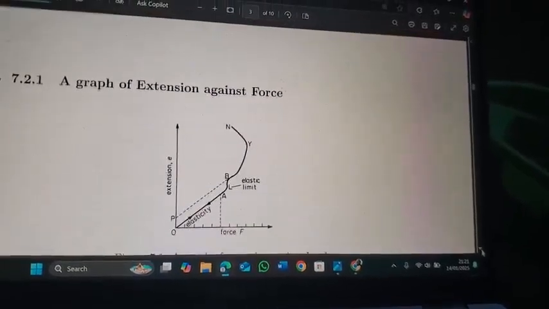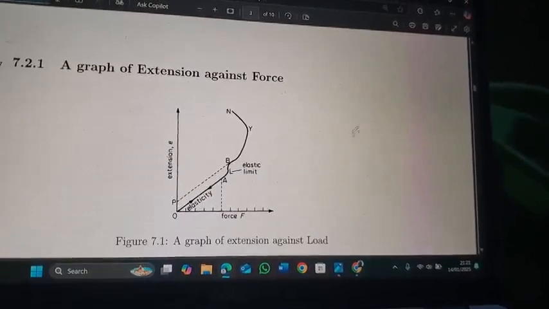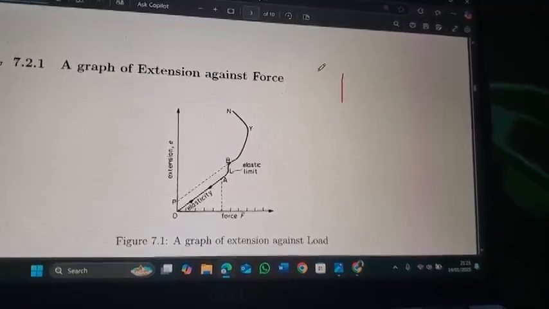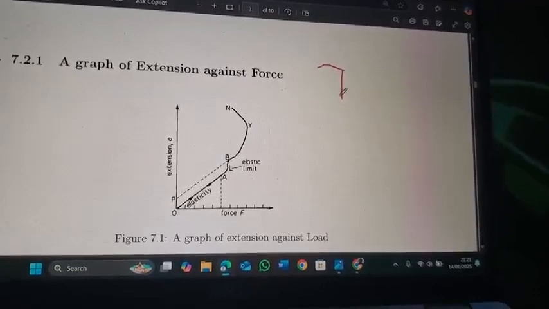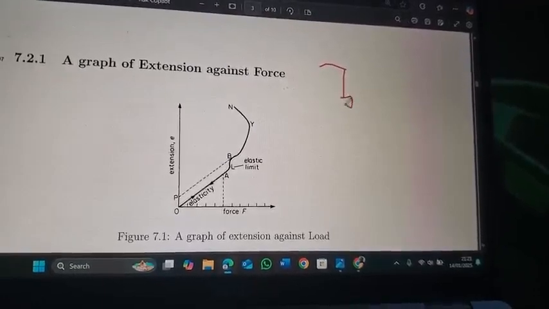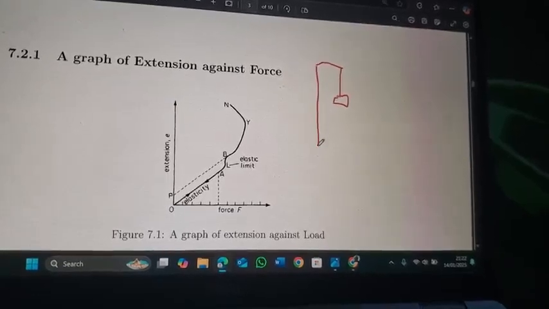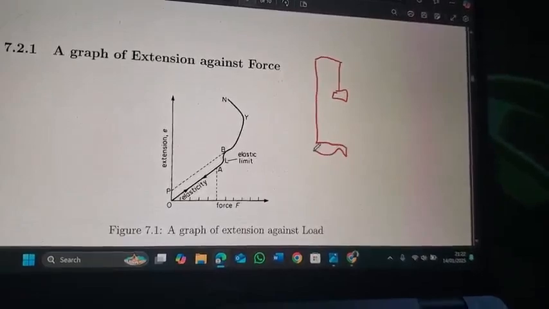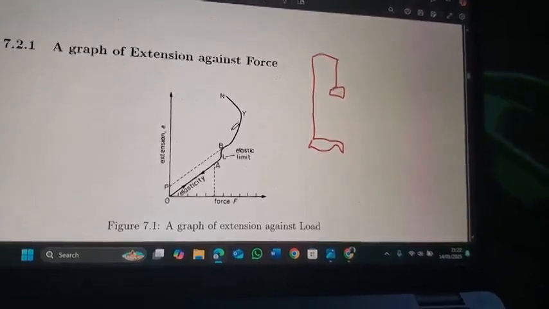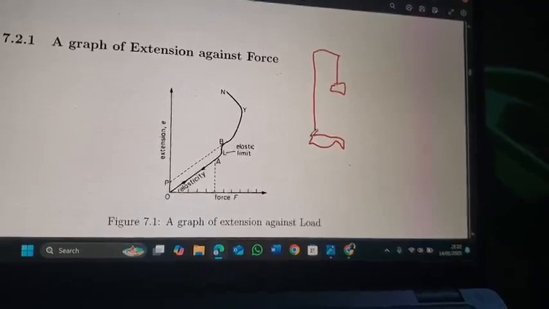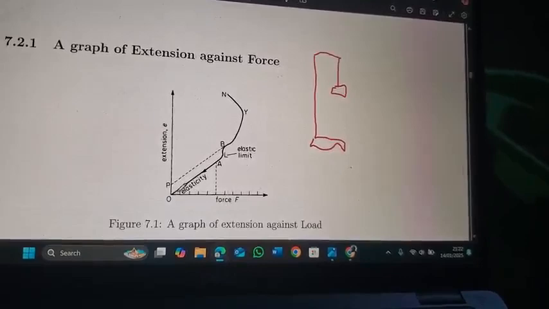Now, when you get an elastic material and you subject this material to a series of loads, so that you monitor its extension, and then you plot a graph of extension against force, this is how the graph is going to look.